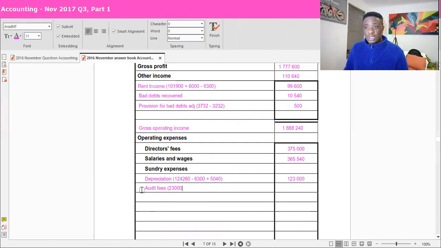We'll take the 23,000 as it is given, and then we'll just add 7,250, and then the total for the year would then be 30,250. I was trying to align, but it's not working with me.